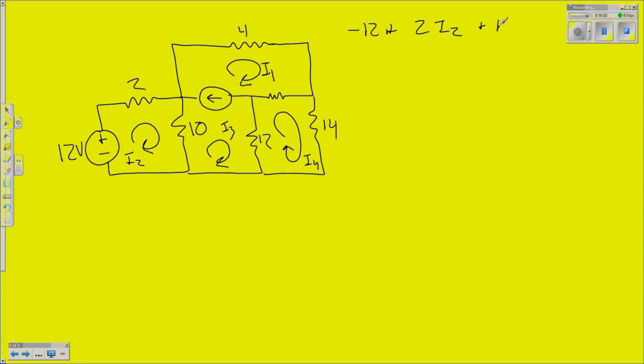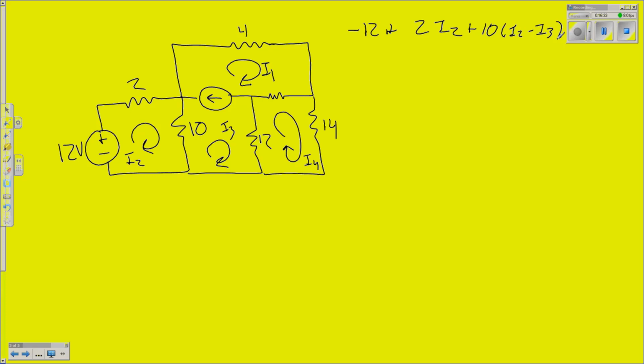So plus 10 times I2 minus I3. Okay, so that's our first mesh.